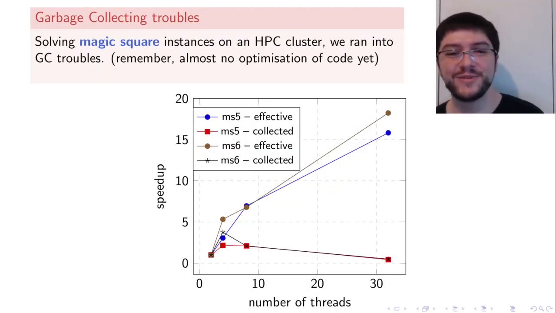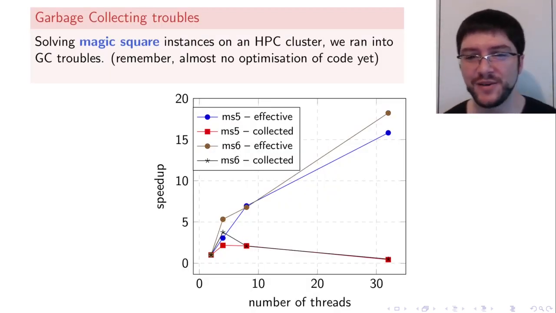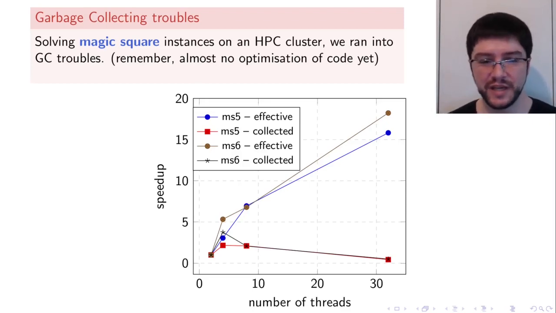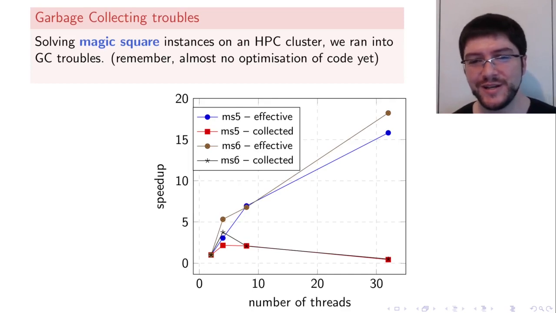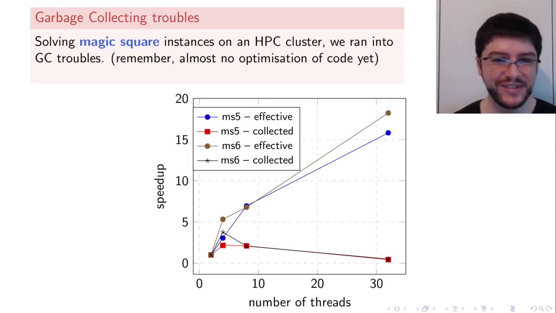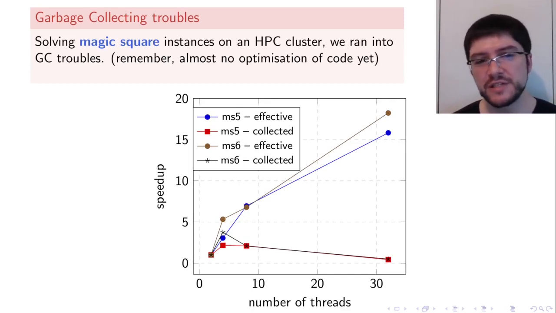Still, we ran into some trouble due to garbage collecting and parallel computing. Just to give you an overview of what happened, we were solving Magic Square instances on an HPC cluster, and we ran into garbage collecting troubles. None of the code was optimized at that moment.